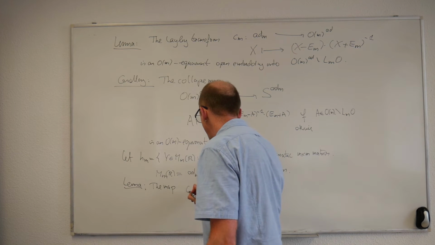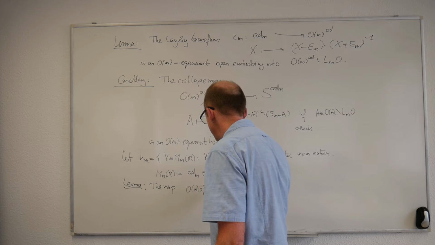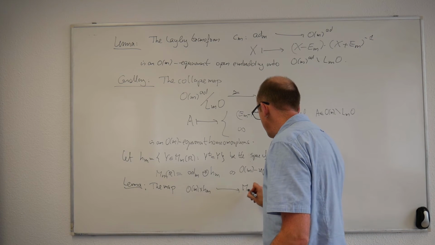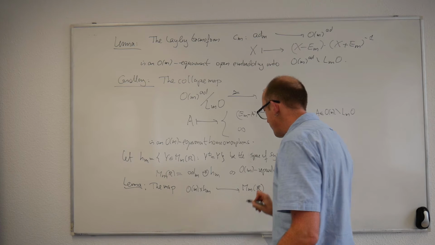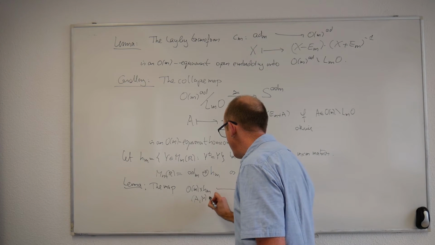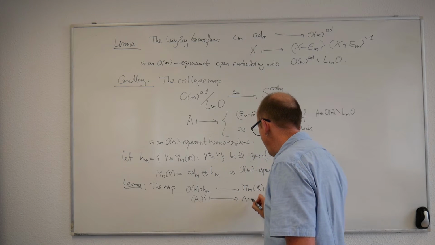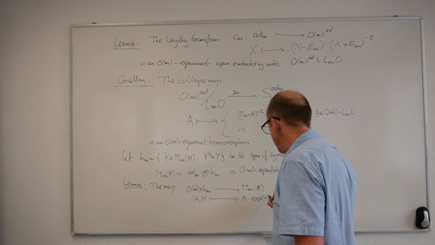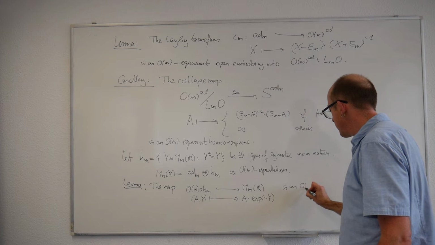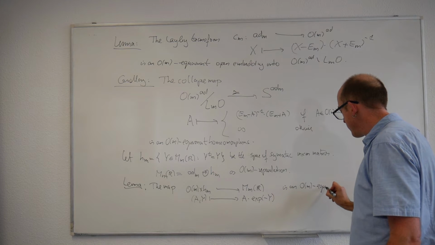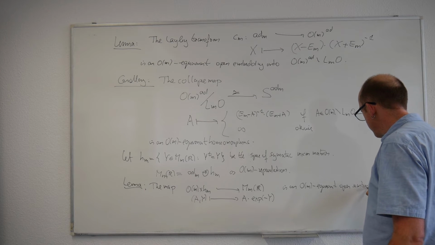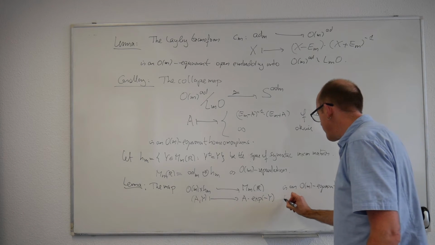The map from O(m) cross the vector space of symmetric m by m matrices to all m by m matrices with real coefficients, sending a pair (A, y) to A times exp(-y). This is an O(m) equivariant open embedding with image the general linear group.